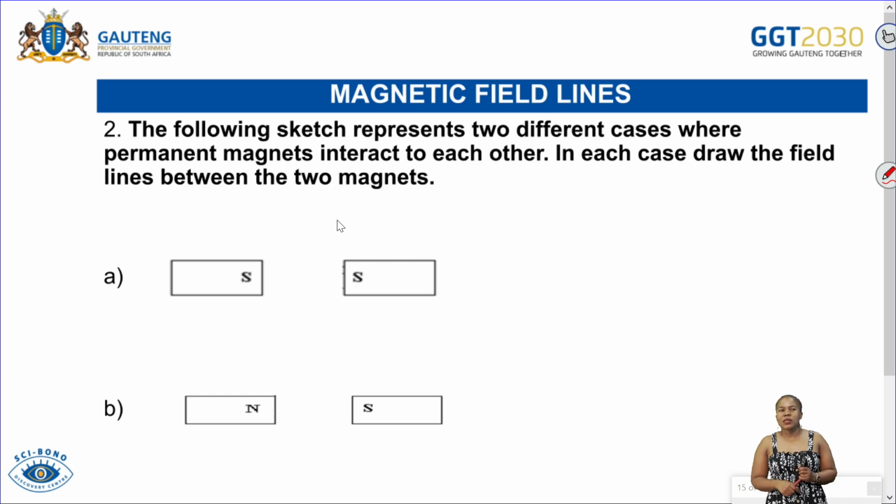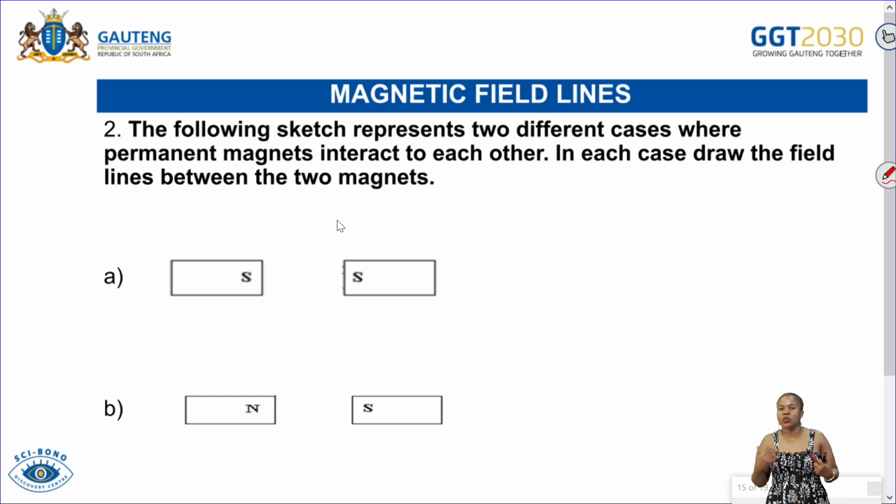Now, number 2 is saying the following sketch represents 2 different cases where the permanent magnets interact with each other. In each case, draw the field lines between the 2 magnets. All right. So between the 2 pieces of magnet that are put in there, on the first one or the top one, you've got like poles, and like poles means that they are going to repel.